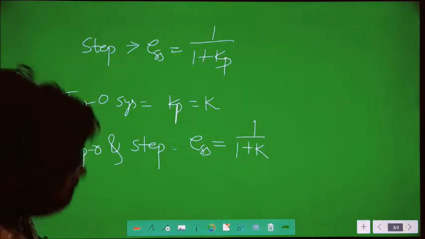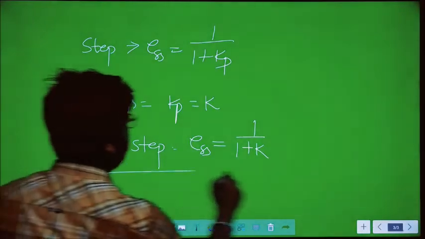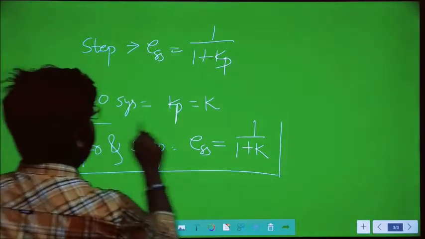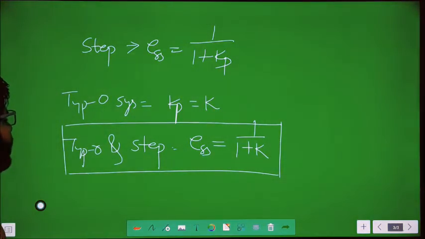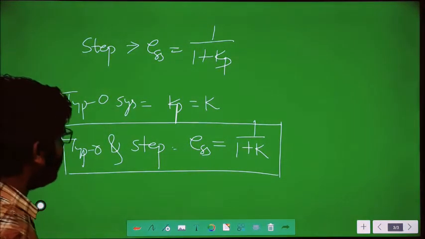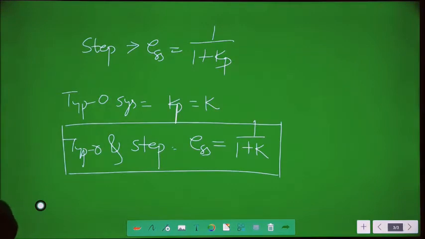So this is nothing but my steady state error when my forward path transfer function is type 0, and with respect to the input being a step input.